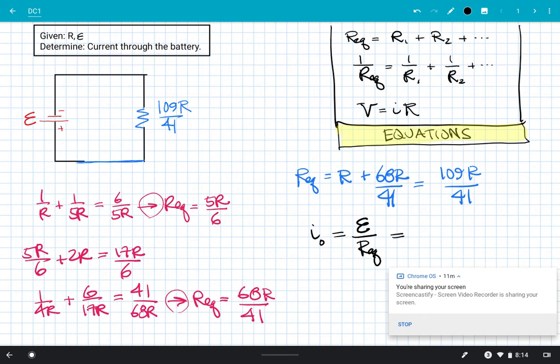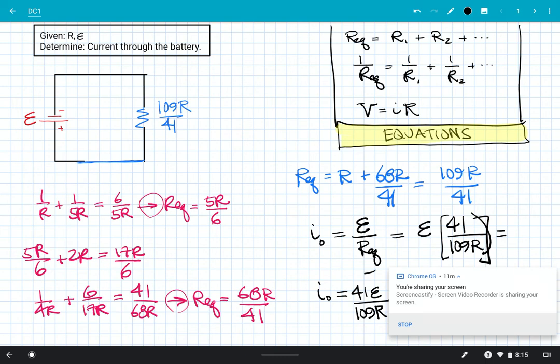So that's going to be E times 41 over 109R. So my current, I'll do this down here, is equal to 41E over 109R. That's my final answer for battery current.